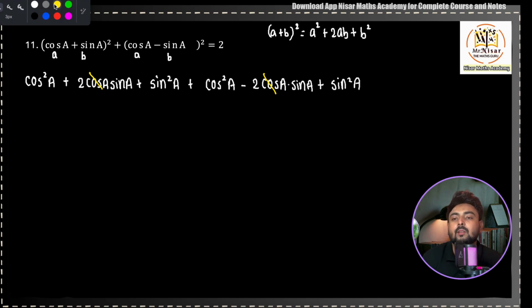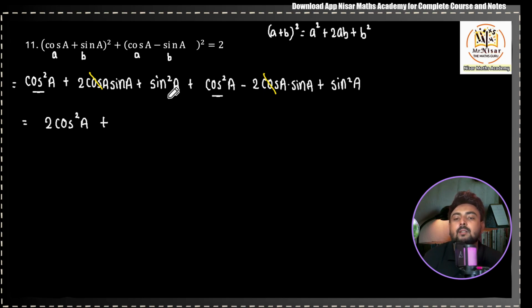No. So here we have, now you see children, cos square a plus cos square a, what does it become? 1 cos square a plus 1 cos square a, it's going to become 2 cos square a. Plus sin square a plus sin square a, what does it become? 1 sin square a plus 1 sin square a, it becomes 2 sin square a.